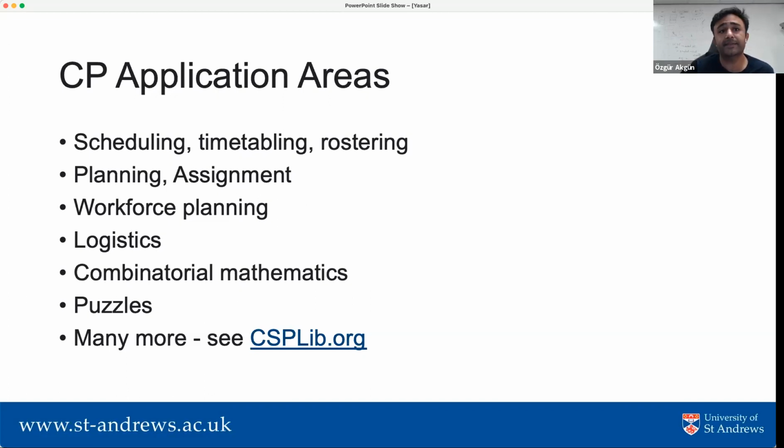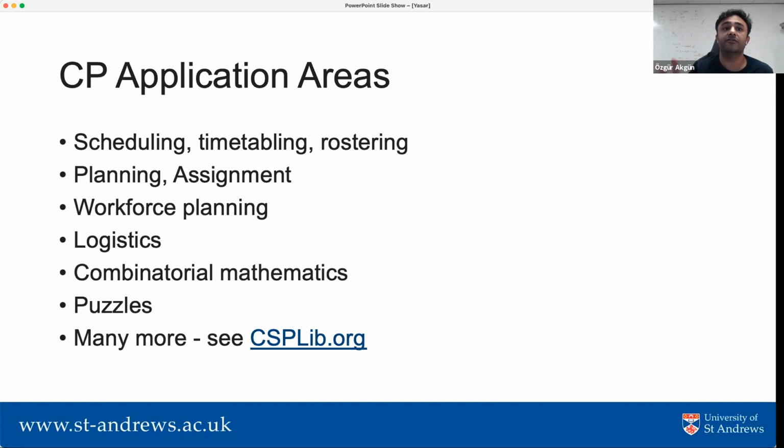There's a website called csplib.org, which I will include a link to in a couple of places. And I'll give you a list of some of the problems that are on this website. I want to publicize this website because it includes problem descriptions of problems from the literature, together with links to any publications about that problem.